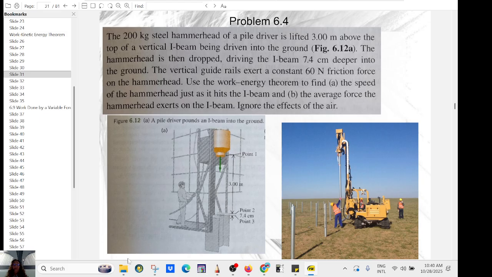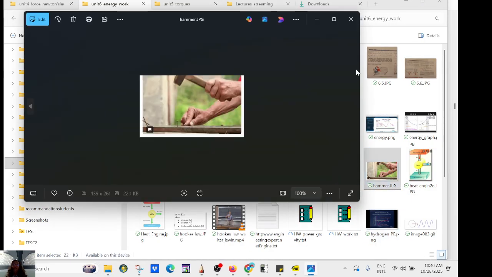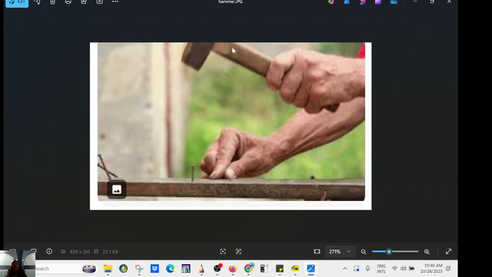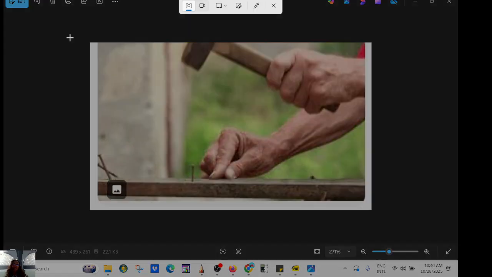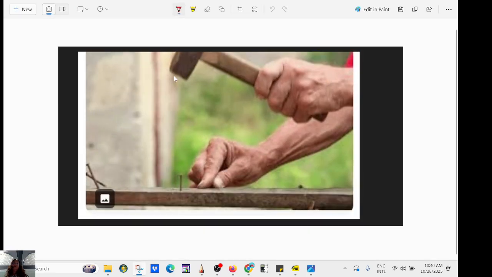So the same thing like when you have a hammer here, right? You see here, if you cannot apply a very large force, you're going to increase the distance. So it's like a trade-off between the force and the distance.